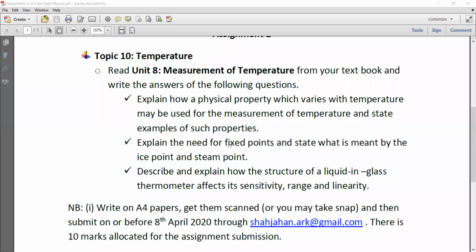Calibrating means to mark the thermometer, to label the thermometer. If one thermometer is unmarked or not labeled, then we can mark the temperature with the calibrator. That whole process is called calibrating.